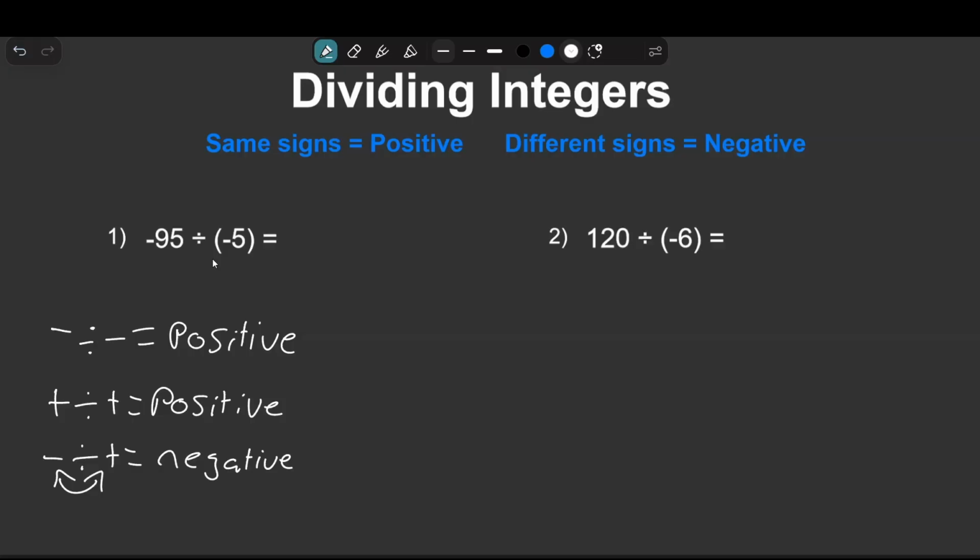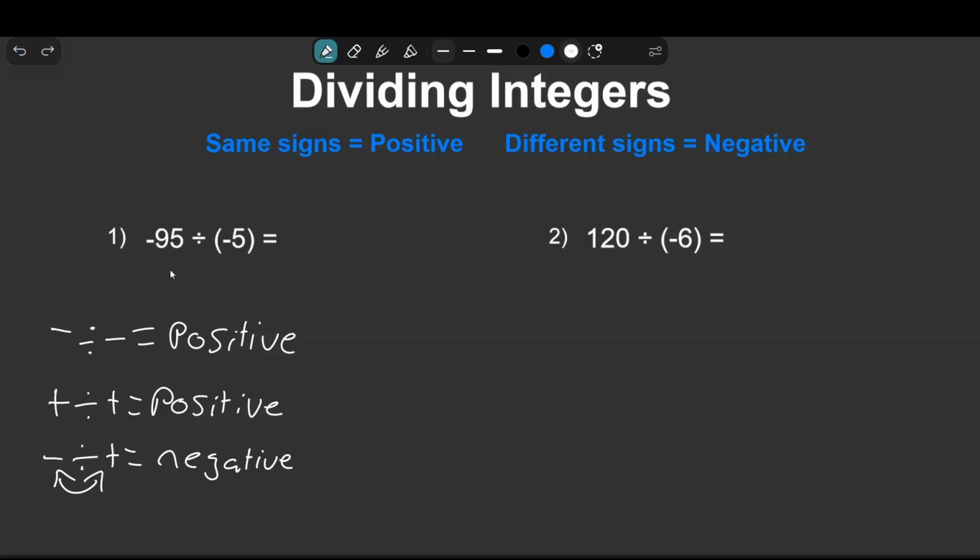So let's start with the first one, where we have minus 95 divided by minus 5. We have two negative numbers. My bad, guys, I am stuttering quite a bit.